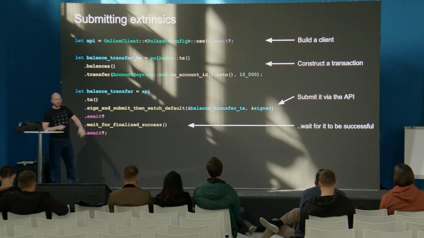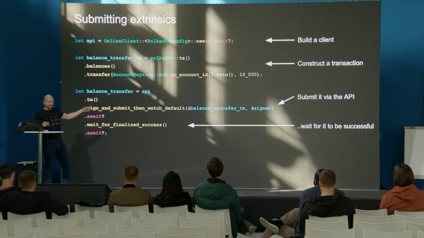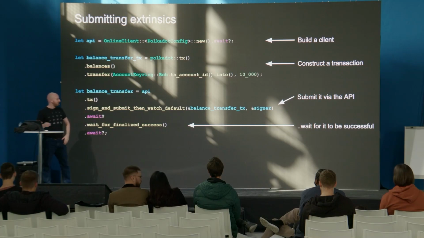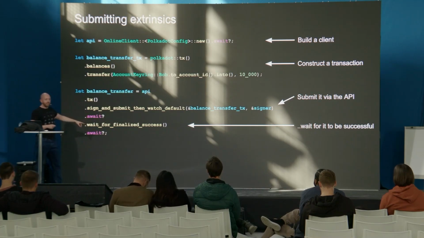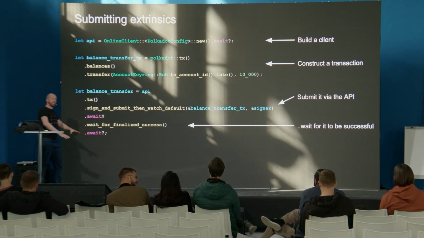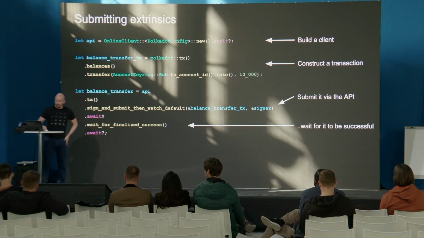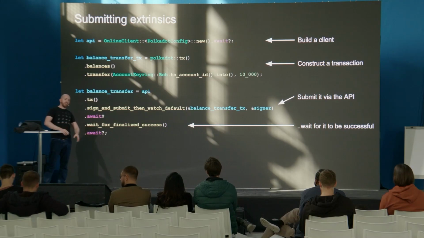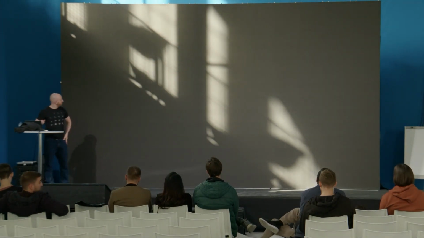And just FYI, testing this code was really expensive. Then I take that balance transfer, I submit it to the API, and I wait for it to be finished and successful. This wait-for-finalized-success call at the bottom does quite a lot of stuff for you behind the scenes. But when it's done, you know that everything was submitted, finalized in a block, and it's successful, it all worked.